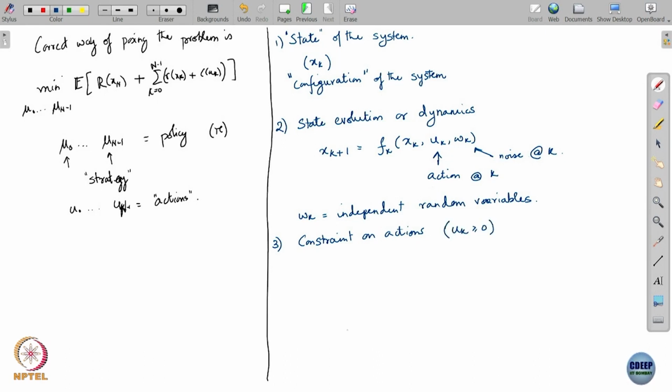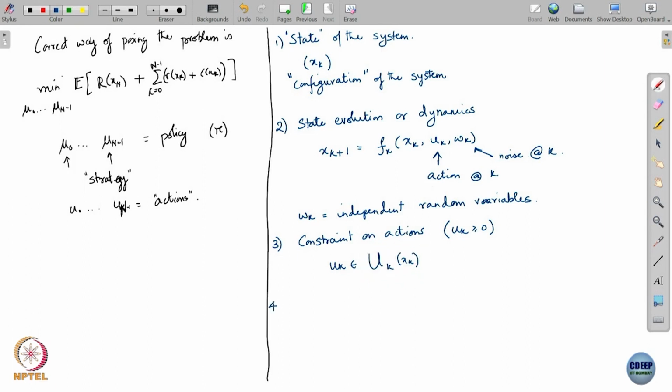So, for example, that was our constraint, but more generally it could be any constraint, and moreover that constraint could depend also on the state that you are in. Say for example, it could be something like this: u k belongs to capital U k of x k. Okay, this would be the most general way of writing the constraint. So, as a function of the state x k that you are in, the actions that you can potentially take have to be in this set capital U k of x k.